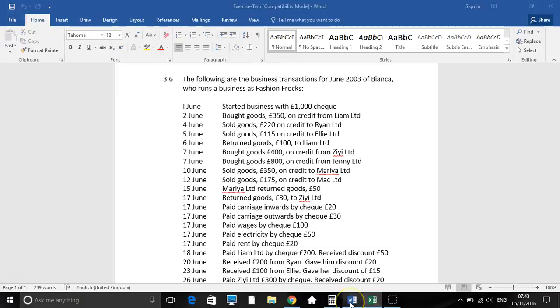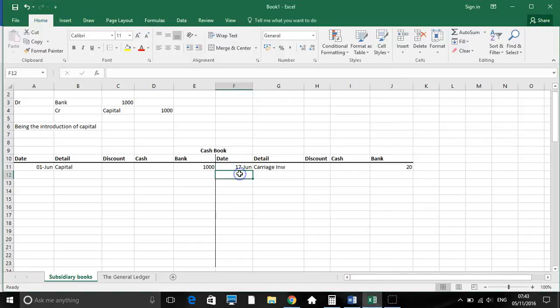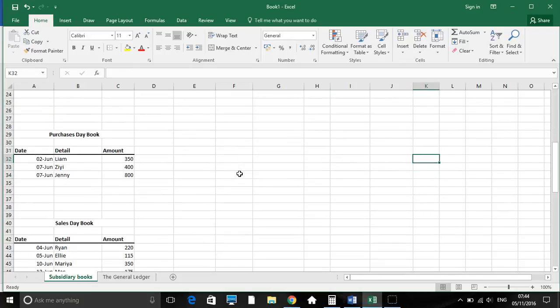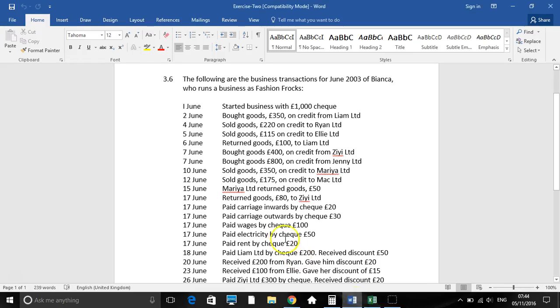Then let's come back here. Then what happened on the 17th of June? We paid carriage outwards. That's for the goods to go out to the customer. Carriage outwards for the goods to go back to the customer. £30.